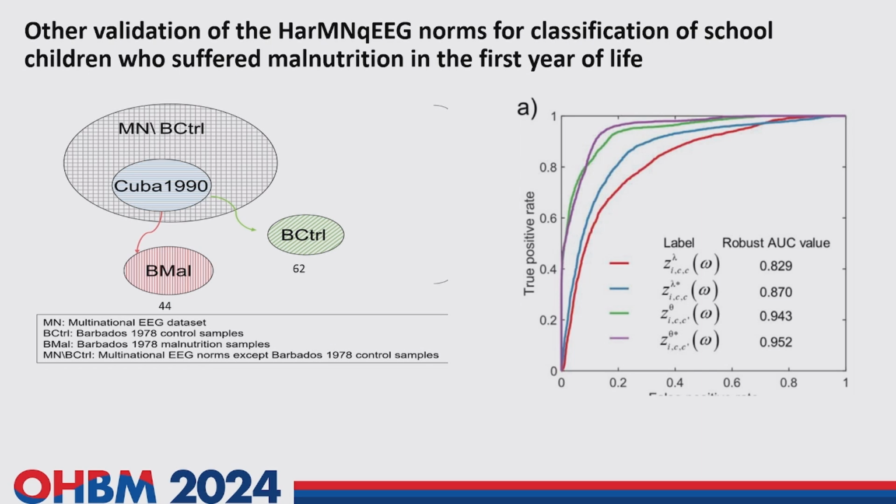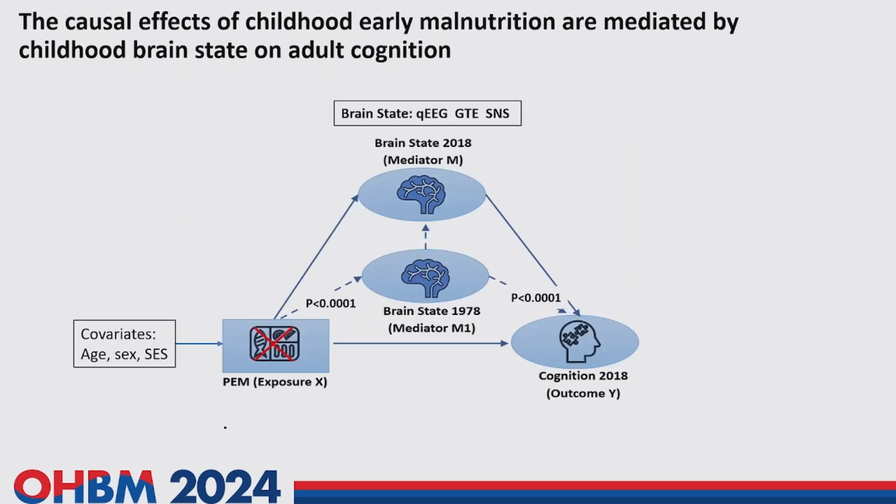While all QEEG methods are quite good, the batch-corrected harmonized QEEG gives the best results with much increased performance. Additionally, the QEEG demonstrates the mediating effect of the brain on the long-term effect of child malnutrition and middle-age cognition.